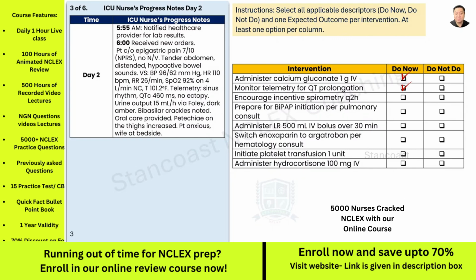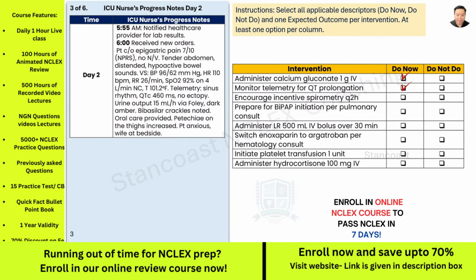And this monitoring can allow you to detect torsades de pointes and ventricular tachycardia early. And also, you make sure that you are checking on this, especially if you have a patient that has some significant electrolyte imbalances. This is a standard high priority nursing action in the intensive care unit.